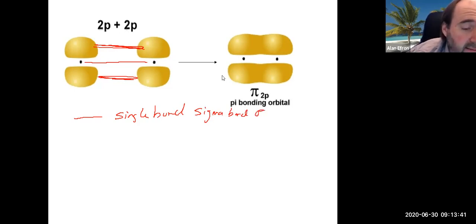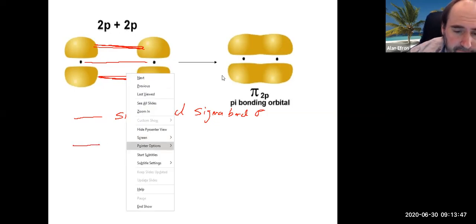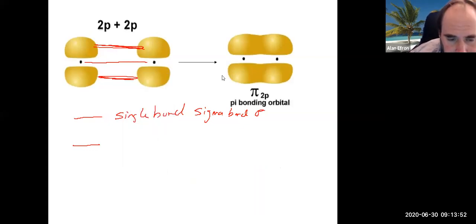When you make a double bond, a double bond consists of one line and then 2 lines. So the first line that you draw is still a sigma bond. The second line that you draw is a pi bond.